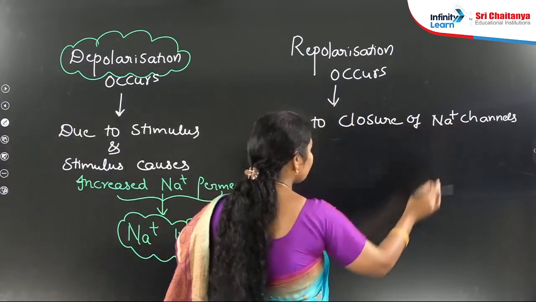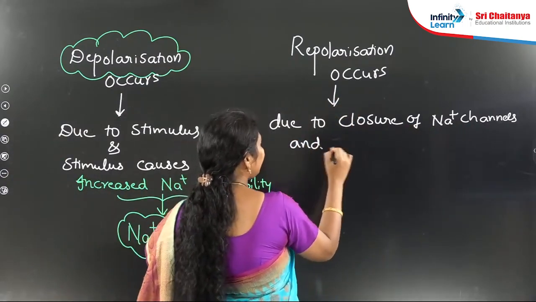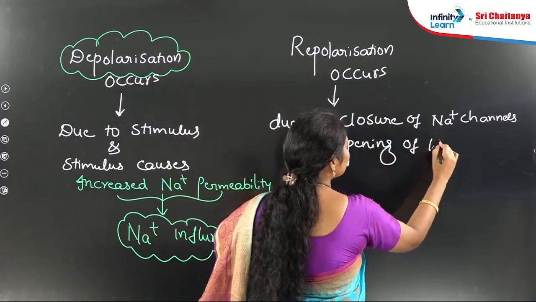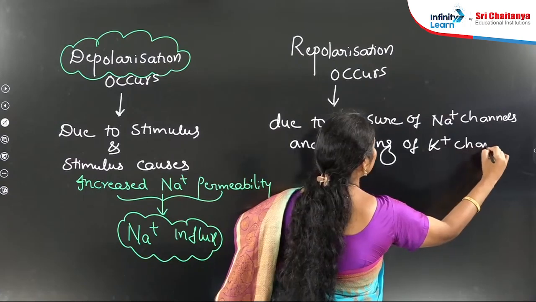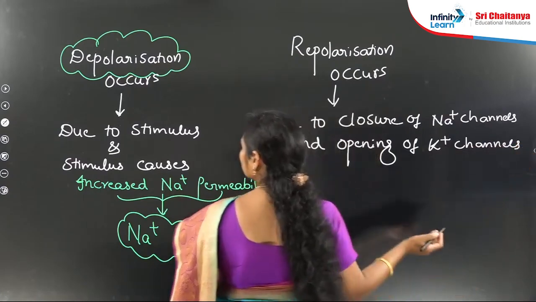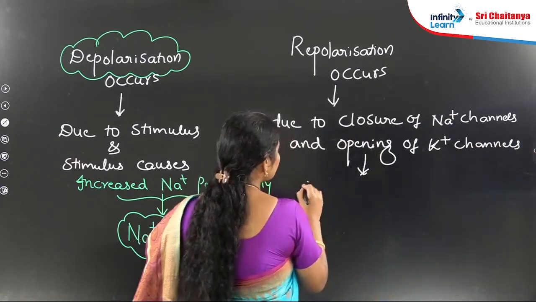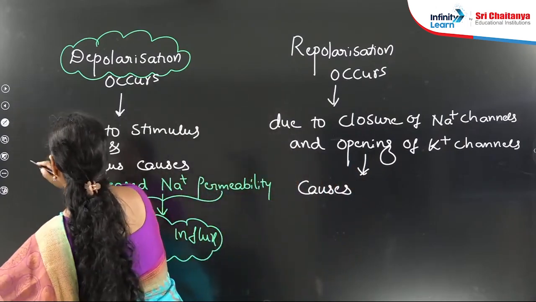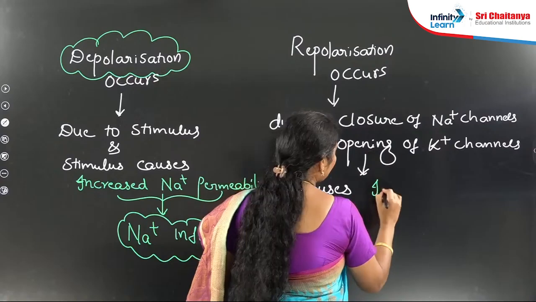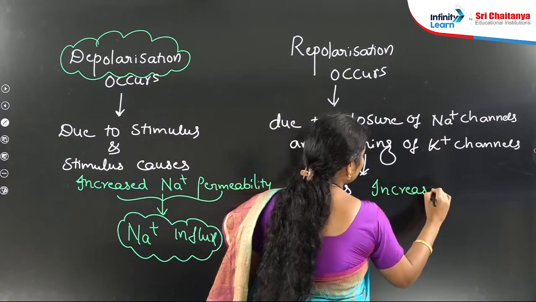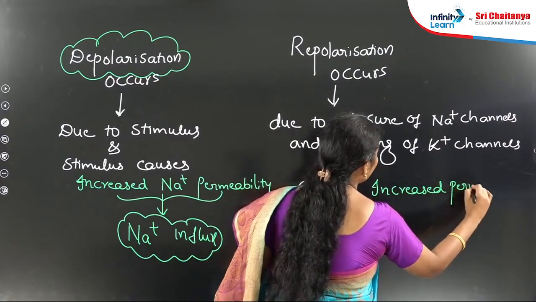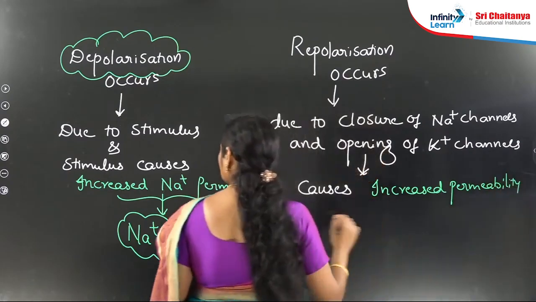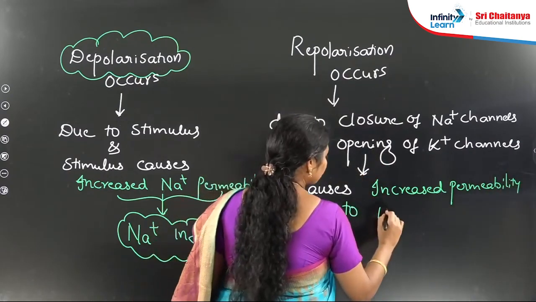So due to closure of sodium channels and simultaneously opening of potassium channels, there is increased permeability to potassium.